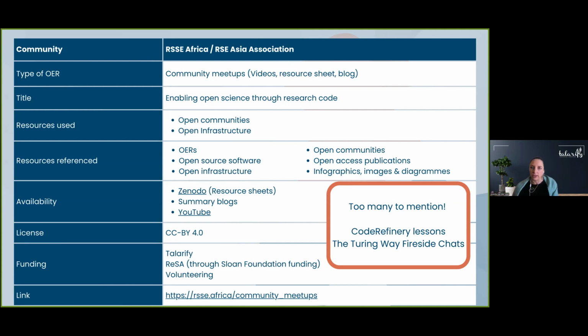If they wanted more information, they could go to the resource sheet where we share very specific links to very specific resources, including open educational resources, open source software, open infrastructure, open communities, open access publications, and various infographics, images, and diagrams. And then they could also watch the video if they wanted further information.